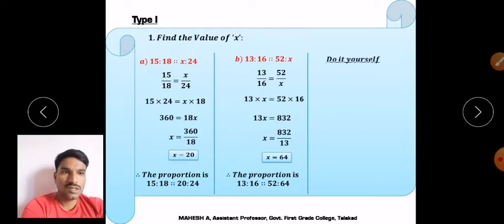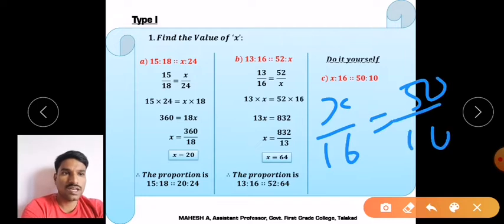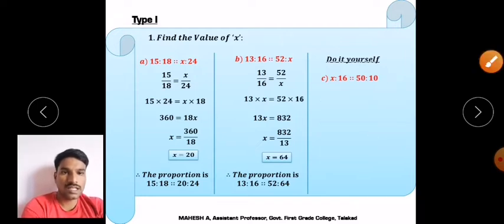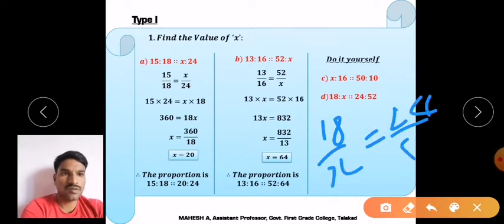Then you solve these questions on your own. That is x is to 16 is equal to 50 is to 10. That is to say, as I said, x divided by 16 is equal to 50 divided by 10, and you cross multiply it, you will get the answer of x. The same way, 18 is to x is equal to 24 is to 52. You do 18 by x is equal to 24 divided by 52.